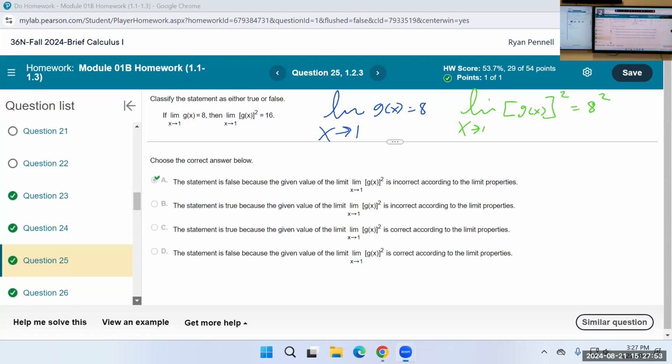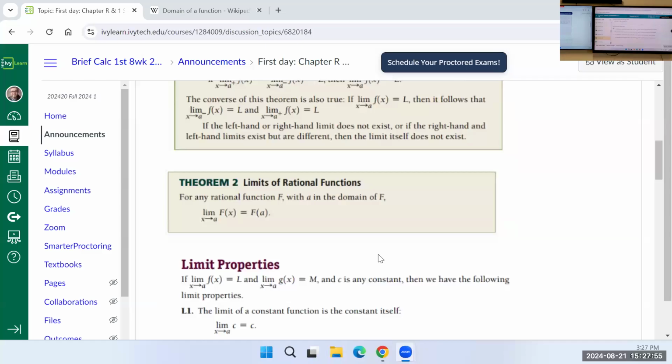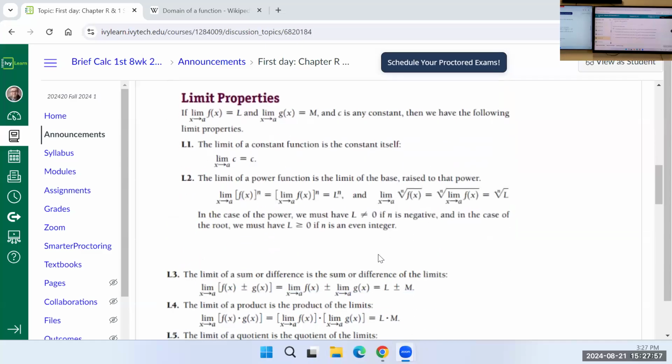Online folks, I'm changing the screen. I've already posted it. In-person folks, let's look at the limit properties. I just stole this from the book. It says limit property 2, the limit of a power function is the limit of the base raised to a power. So the limit of f of x to the n would be the same thing as L to the n.